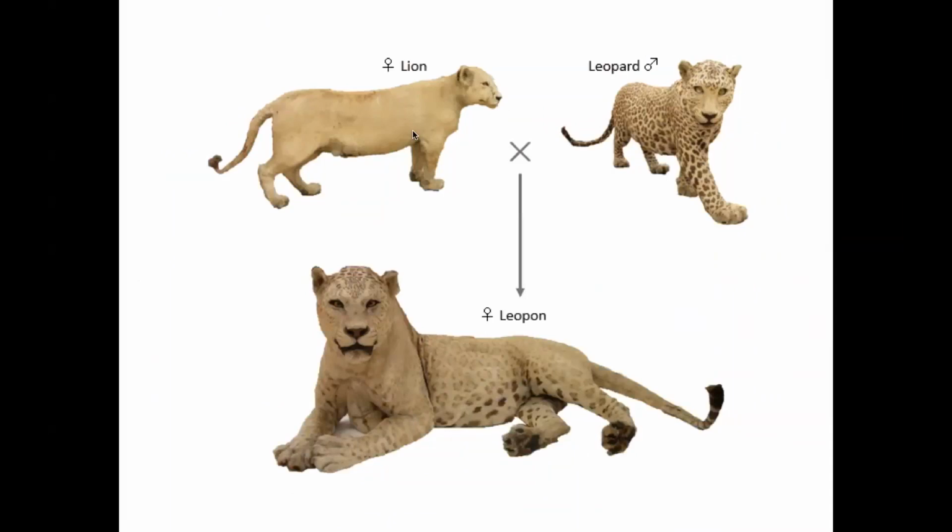So here's one other example: a leopon, a leopard and a lion. You can create sterile interspecific hybrids of these two species as well. And again, the hybrid exhibits characteristics of both original progenitor species.